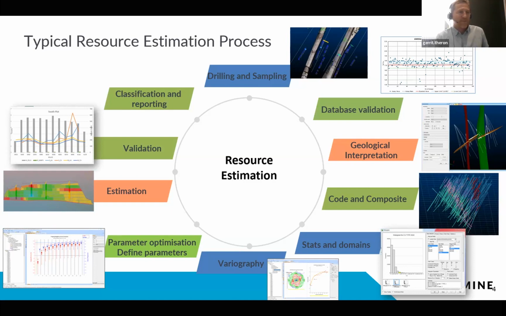We group our data into similar groups, into populations that behave similarly. We do some stats and domains to make sure that our grouping and coding was correct. Then we do our variography and we see how our grades and characteristics change with distance and with direction.